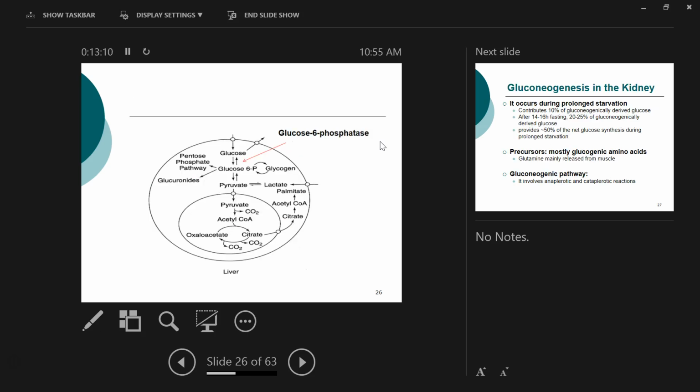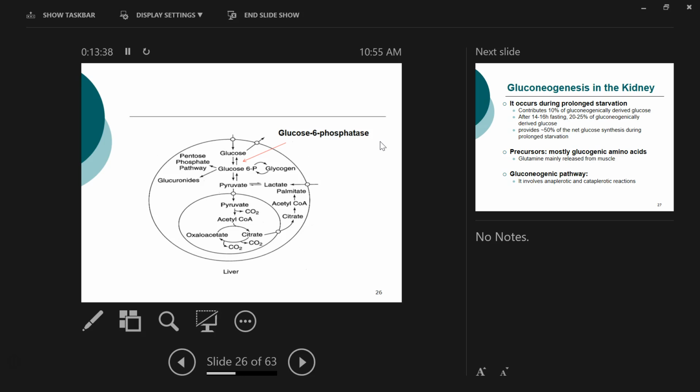All right, so let's just give you some idea of the pathway. This is the gluconeogenic pathway, right?